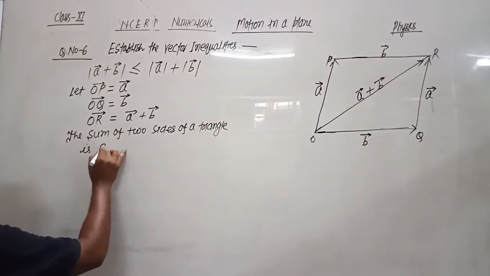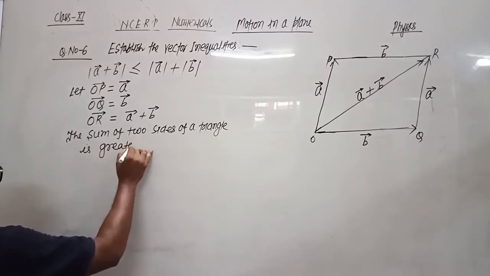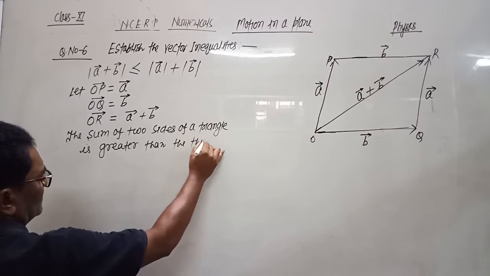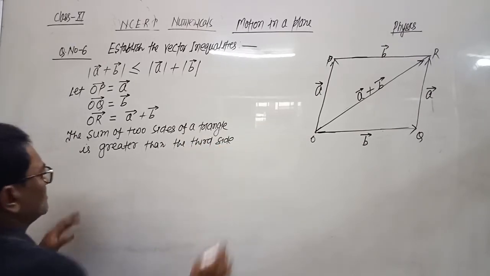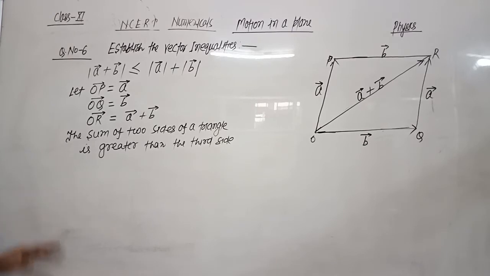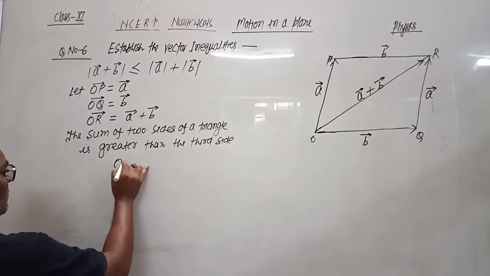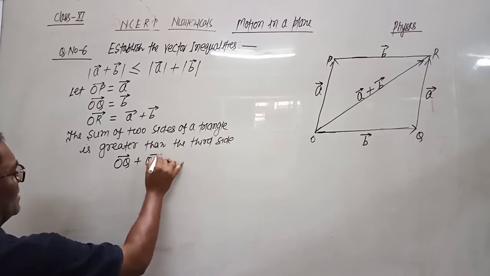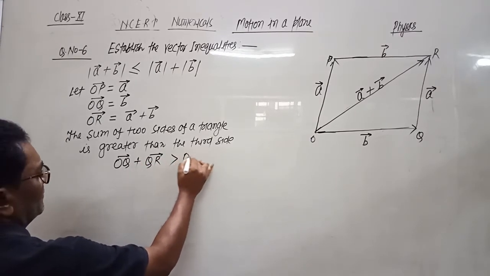From geometry, the sum of two sides of a triangle is greater than the third side. It means OQ plus QR is greater than OR. Vector OQ plus vector QR must be greater than vector OR.